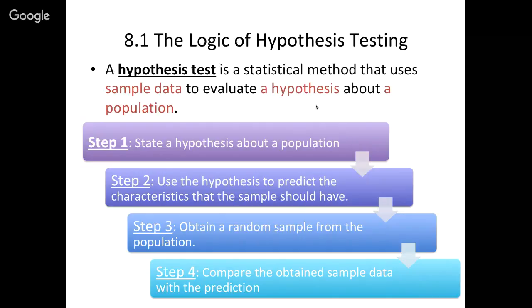Then we compute the statistic from this sample and compare the obtained sample data with our prediction. If they're consistent, then we have evidence to support our hypothesis. If they're not consistent, we have to reject our hypothesis.